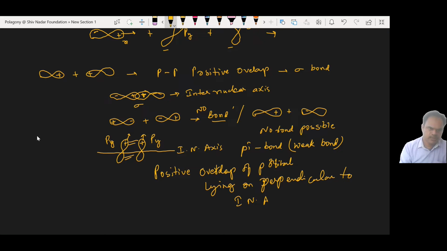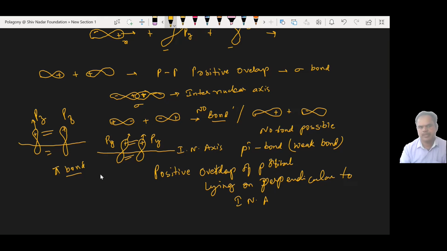There is another possibility: a pz orbital is also present, with positive ends, also perpendicular to the internuclear axis. When two different atoms having pz orbitals of the same energy overlap, a pi bond is possible.